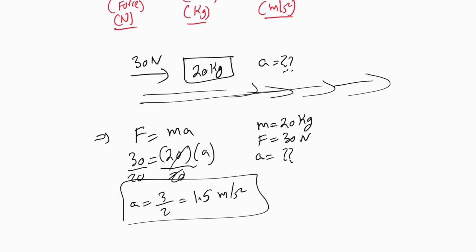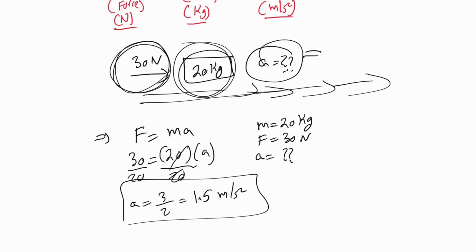So if you push this box with 30 newtons and the box has a mass of 20 kilograms, it will move with an acceleration of 1.5 meters per second squared. So you can see the relationship that you have here between these three components: the force, the mass, and the acceleration.